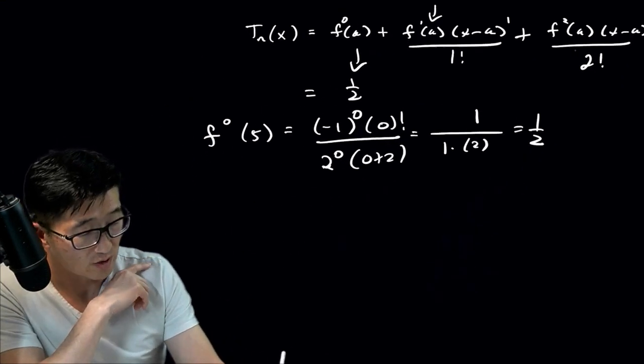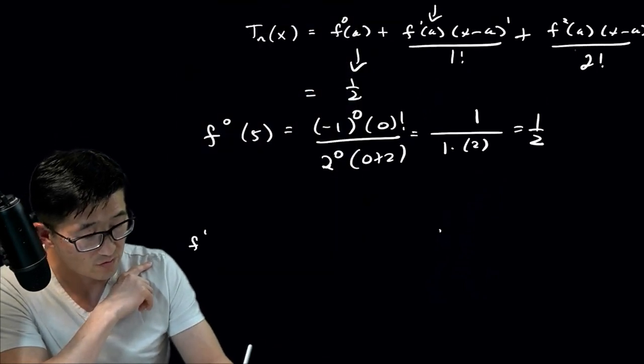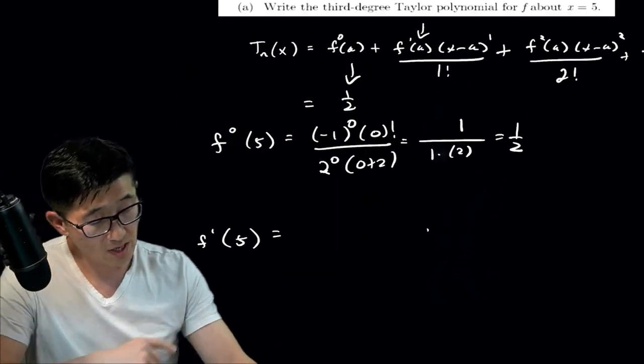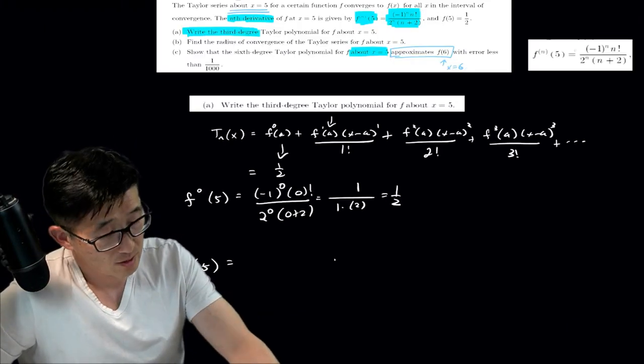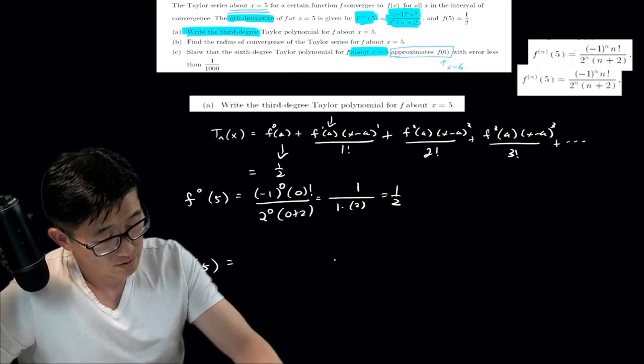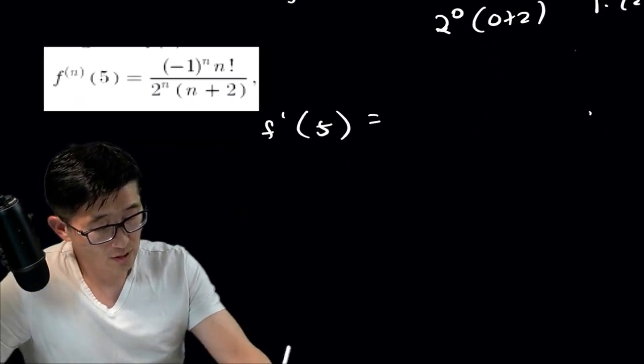What about the first derivative? The actual first derivative, f prime or f first derivative at 5. And I'm going to copy this because I didn't want to keep on scrolling up. Right here. Okay, so there it is.